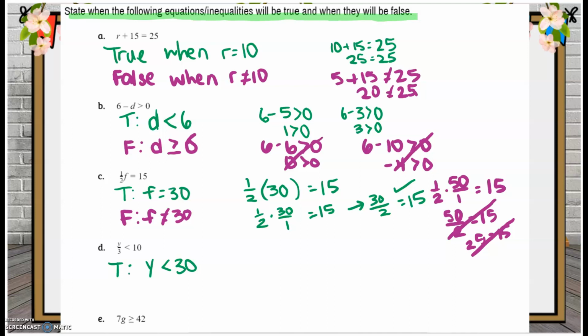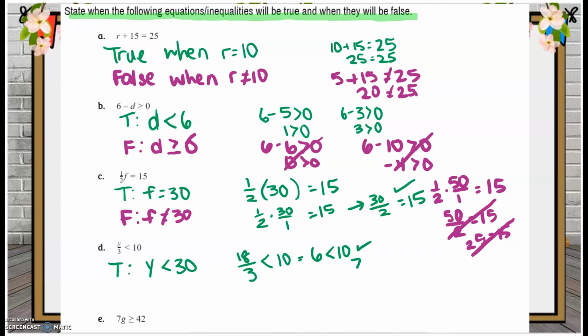For example, let's say y was 18. So 18 over 3, is that less than 10? 18 over 3 is equal to 6. So is 6 less than 10? Yes. So any number that's less than 30 is going to give me an answer less than 10.